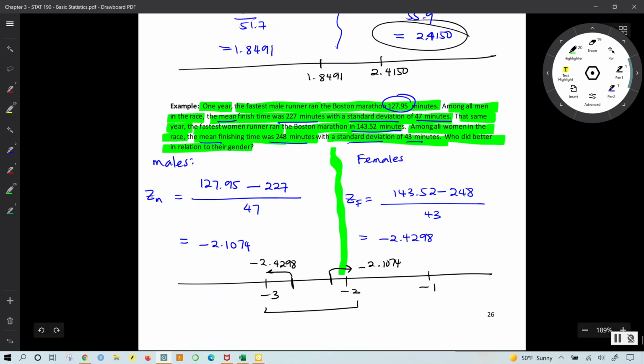So I want the lesser of the two. The lesser of the two, since they are negative numbers, is negative 2.4298, which pertains to the female. So I have an answer for this question. Who did better in relation to gender? The fastest female runner did better in relation to their gender.